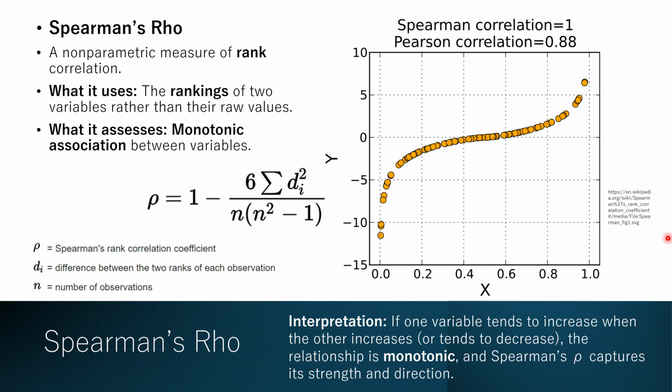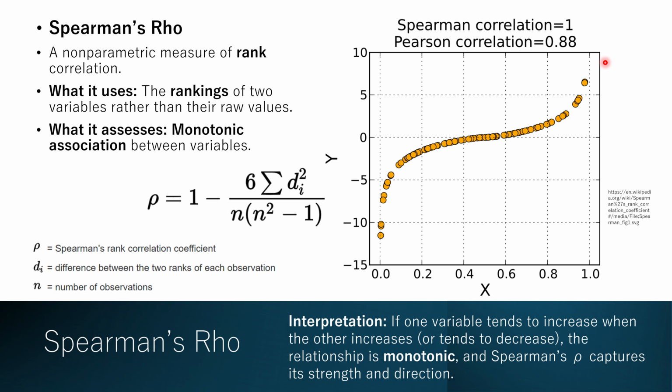It works with ordinal data and detects monotonic but nonlinear patterns that Pearson can miss. We will compute it shortly with the method called spearman in cor or cor.test in R. Interpretation is monotonic, like this. In this case, Spearman's correlation equals 1, but Pearson's correlation equals 0.88 because it's not linear.